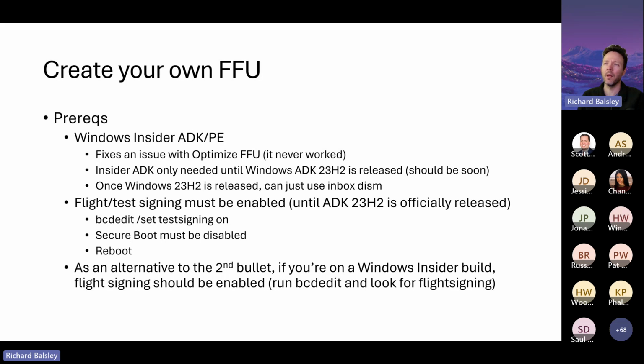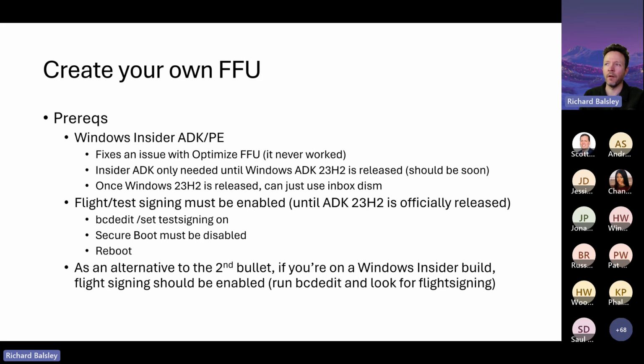We don't quite yet. Hopefully it shouldn't push too much further into June, but once that comes out, then you won't need the Insider ADK. You would just use the regular Windows ADK 23H2. And then also once Windows 23H2 is released, which should be in the fall time, then DISM is going to be updated. The optimized FFU fix will actually be in-box in Windows.